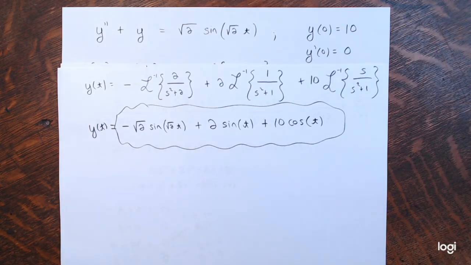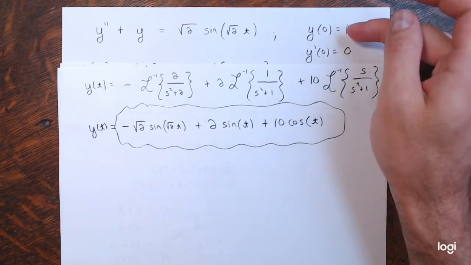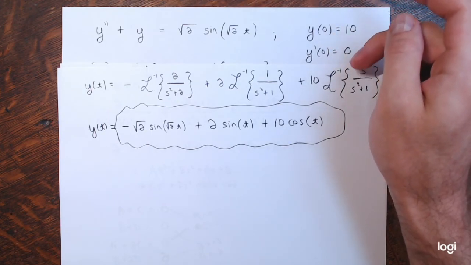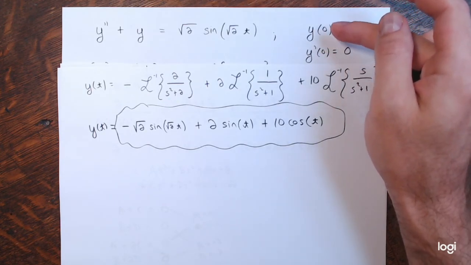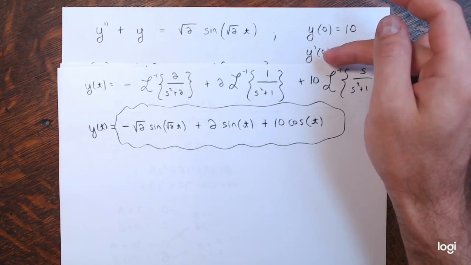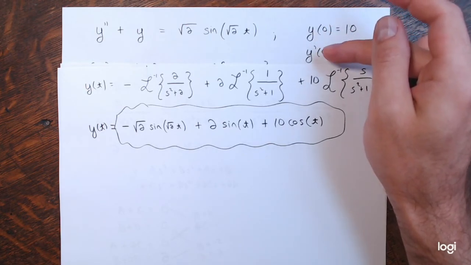You can do third order, fourth order, higher order equations if you wish. The only time you can use the Laplace transform to solve initial value problems is if the initial conditions are the function and its derivatives evaluated at 0.